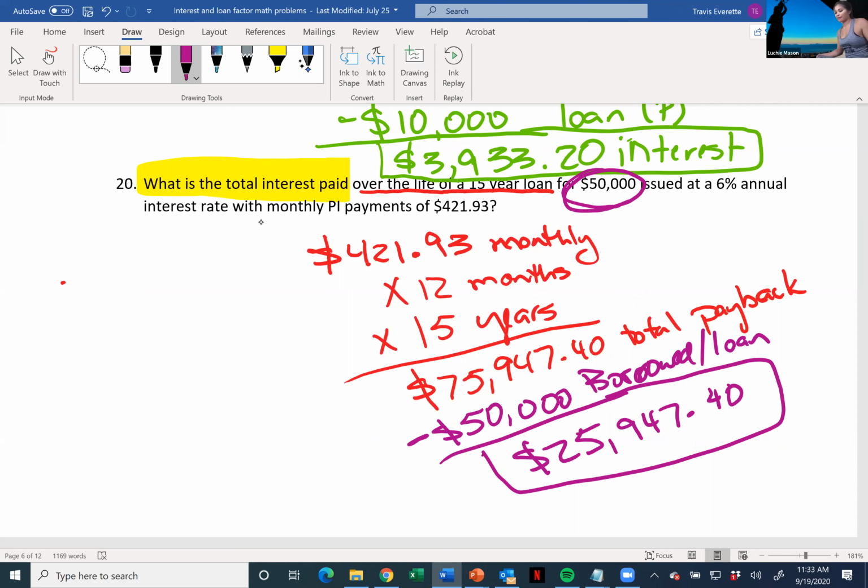And that 25,000 can be calibrated in different amounts monthly, depending on when you're paying. Exactly. Every month would be a different amount of interest. But if you were to calculate them and add them all together, you would come up with that same 25.